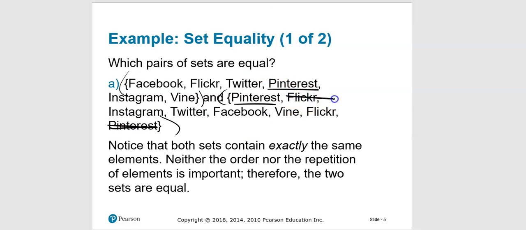Do you see it also duplicates Flickr? Let's get it out of there. So this one has Flickr, the other one has Flickr. They both have Facebook, they both have Twitter, they both have Vine, and then they both have Instagram. So actually, these are the exact same sets, especially apparent once we get rid of the duplicates.